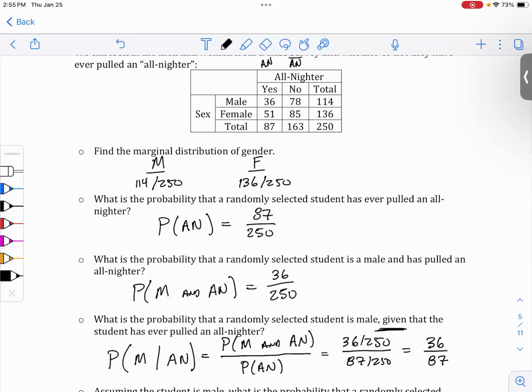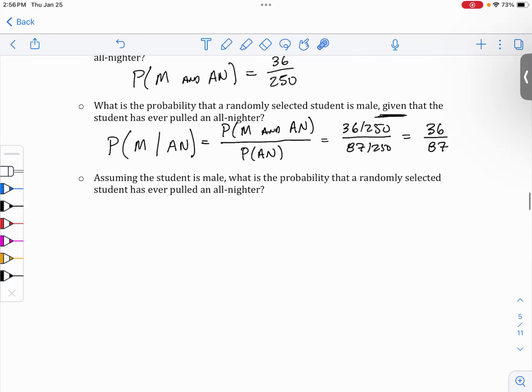Male given all-nighter means I'm only looking at those who pulled an all-nighter, so this column of people is the only group I cared about. Then I say, of those 87, how many were male? 36, which is what we ended up with, 36 out of 87. So if you have a table, you don't have to use the full definition, you just use logic and look at the table.